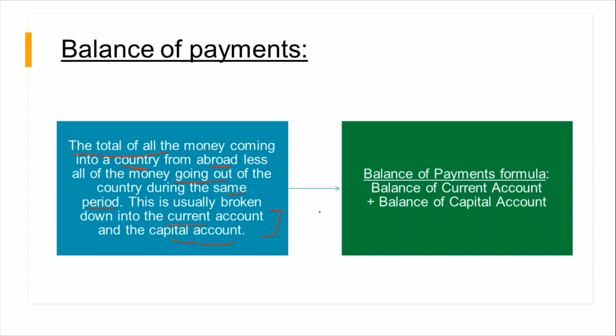For now, you just know the basic definition that it's money coming in from abroad less the money going out from your country. So you have the basic idea of this term. The formula is balance of current account plus balance of capital account. That's it. We'll study balance of payment deficit and balance of payment surplus, and I'll make a separate video and explain all of that in that.